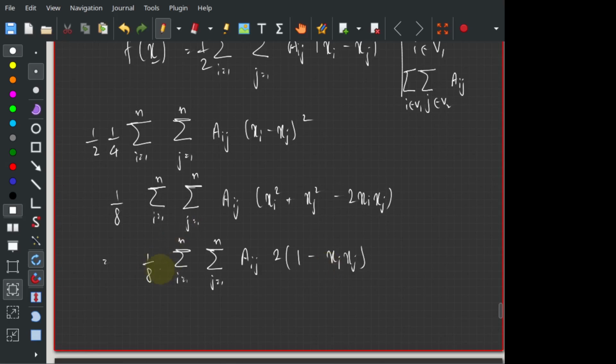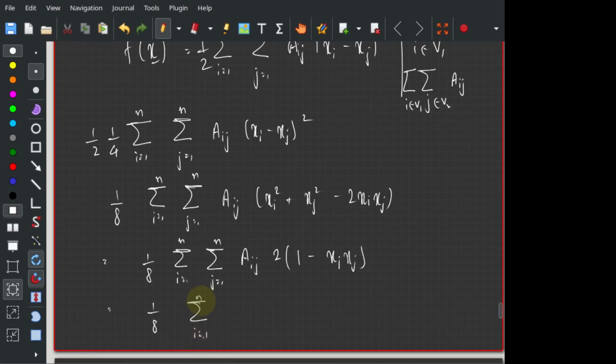Okay, this is summation 1/8. What I'll do is I'll split these two terms in the following way. There's a reason why I'm trying to do this.